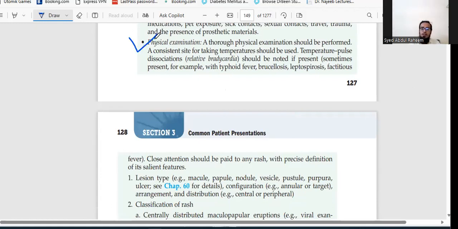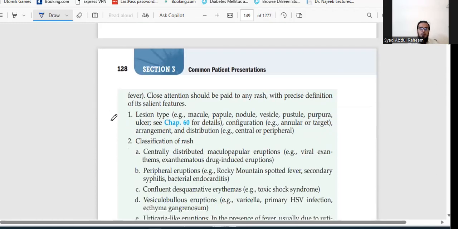I already told you that you are taking the temperature and pulse. If a person has typhoid fever, brucellosis, leptospirosis, or fasciitis, these are the types of infectious fevers we'll discuss in infectology.